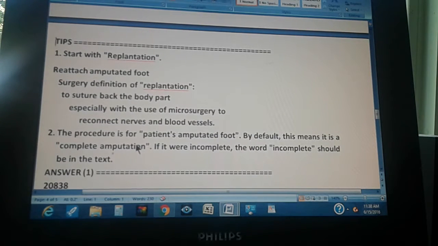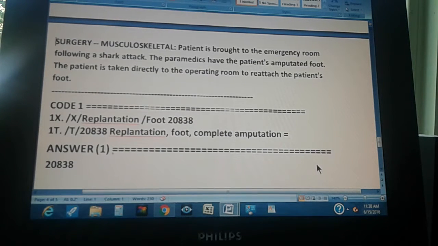But since they just say amputated foot, it has to be a complete amputation. I mean, it's separated from the body, right? So with these 2 tips, you should be able to find the path to the answer. Now we're going to count to 3 so you can pause the video and give us a path to the answer. 1, 2, 3.